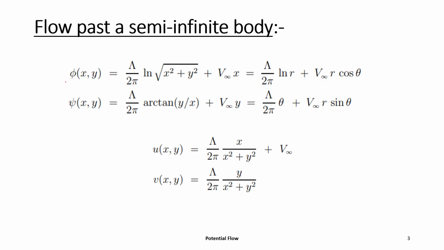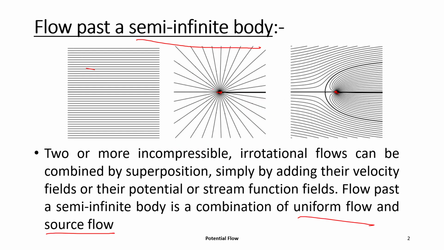So this potential function will be potential of source flow and potential of uniform flow. So this is the potential of source flow, this is potential of uniform flow. In this one, we have taken origin at the source flow.